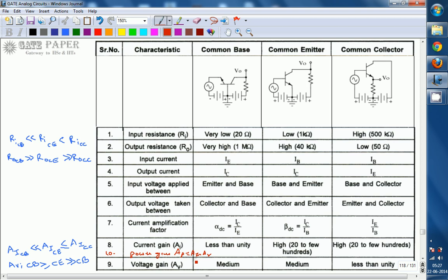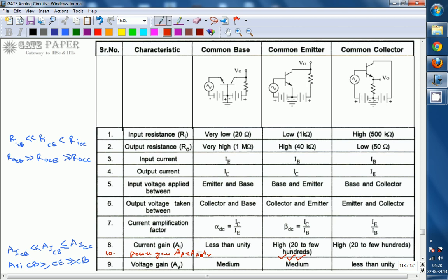Power gain is highest for common emitter and moderate for common base and common collector. So common base and common collector have lower power gain compared to common emitter. Common emitter has the highest power gain, remember this.